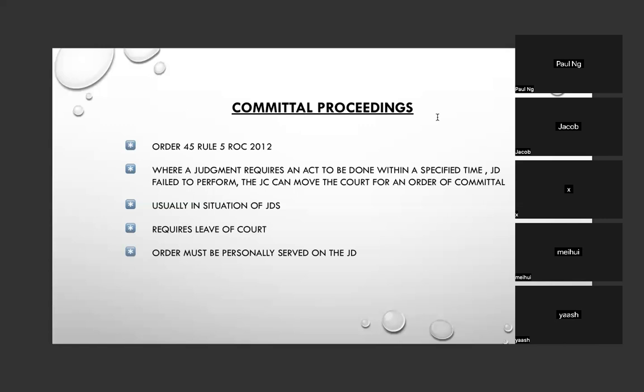This is usually what happens in the case of JDS. When we serve the summons itself, they fail to appear to court for the oral examination. And for committal proceedings, you need the leave of court, and the order itself must be personally served on the JD, the judgment debtor. So just a short discussion.